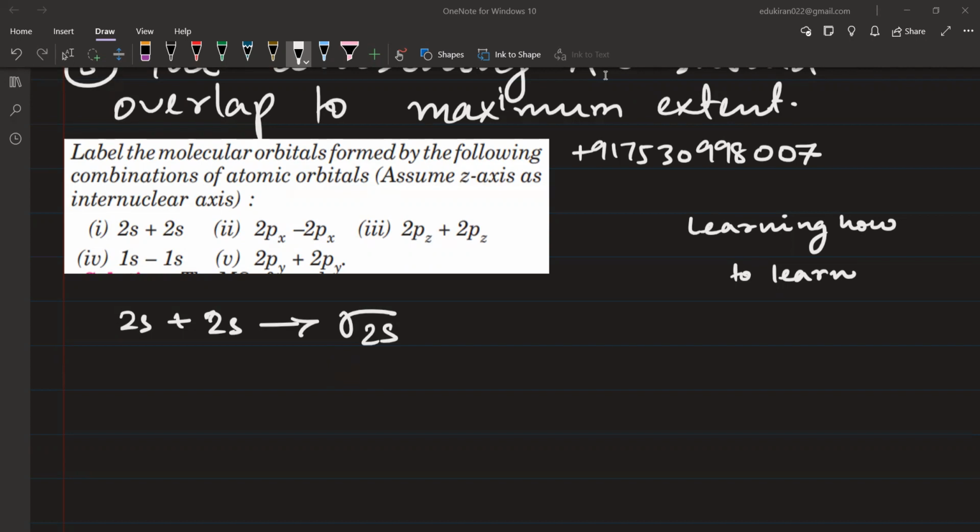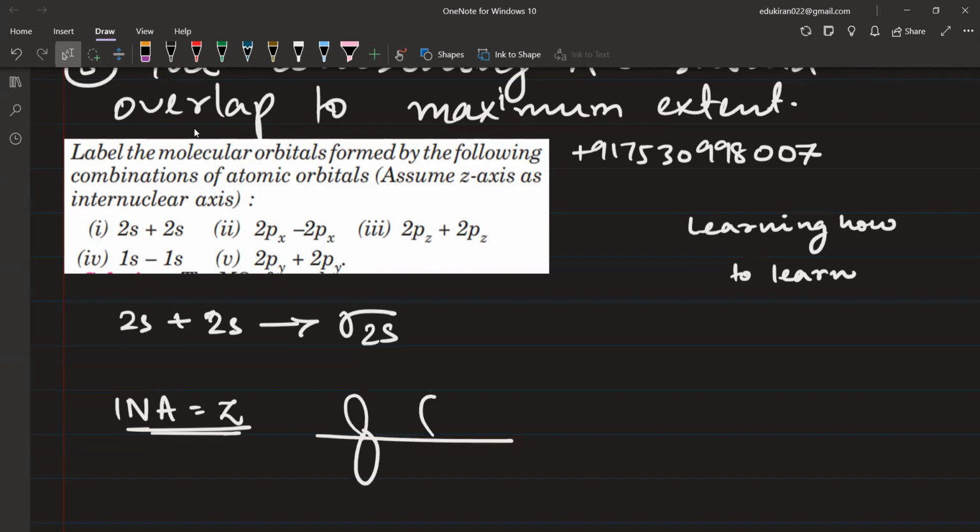Saurabh, can you please turn your mic on? Yes sir. Tell me, what is the internuclear axis? Sir, Z is the internuclear axis, it is given in the question, right? Now, let's say this is your Z axis, so x will be like this, perpendicular to the Z axis, yes or no? So this will make sigma or pi?